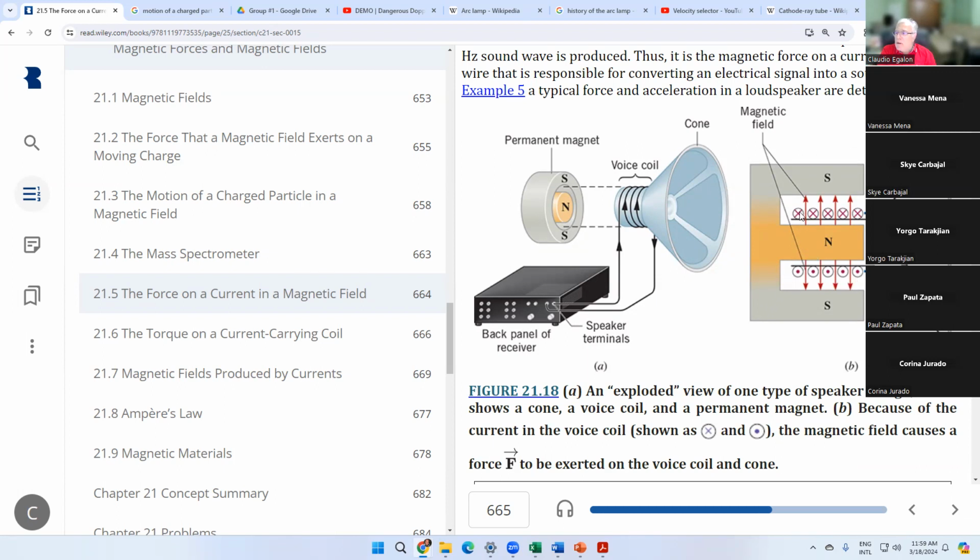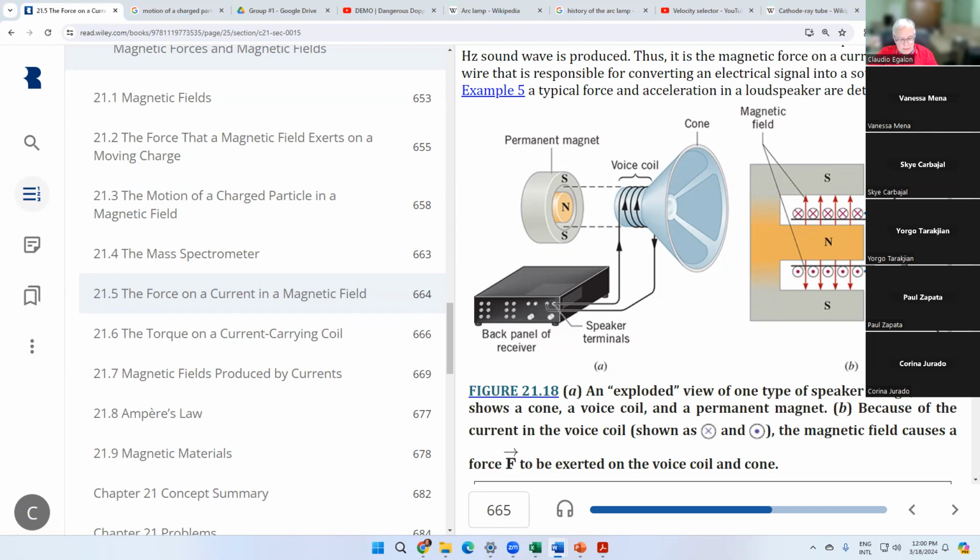Similarly, V cross B, the other upper region also is going to have a force to the right. So as you change the direction of the current, this thing keeps oscillating back and forth. Force to the right, force to the left, force to the right, force to the left. We can change the direction of the current with a device like that, okay? And make the speaker vibrate in the horizontal direction.